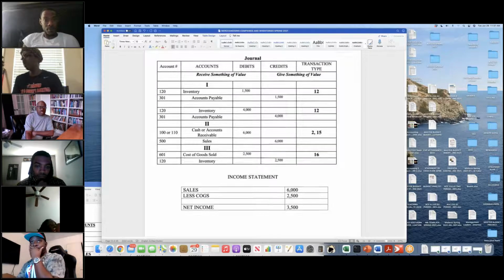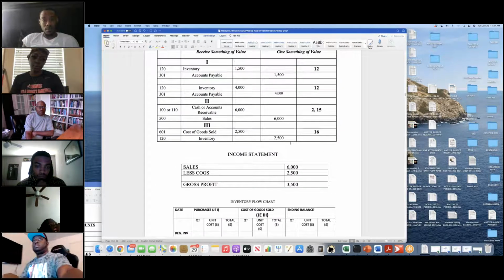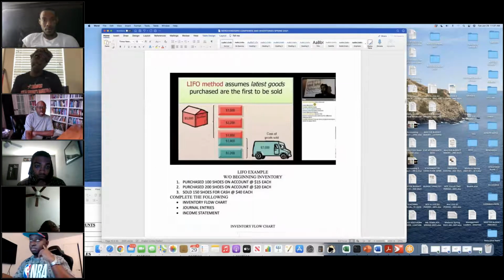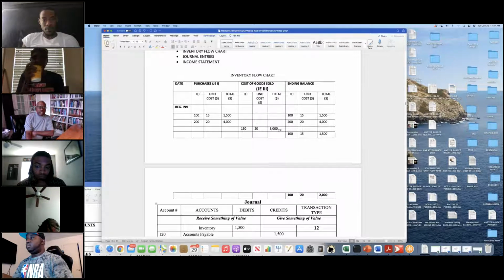So whereas cost of goods sold on the FIFO was $2,500, cost of goods sold on the LIFO is $3,000.